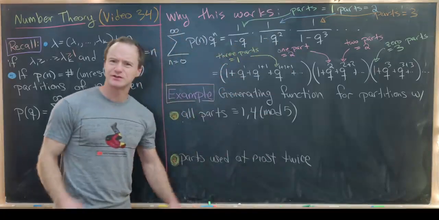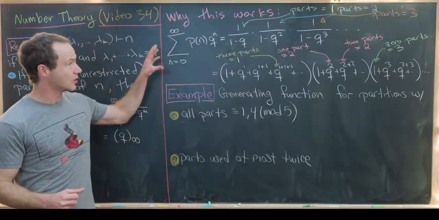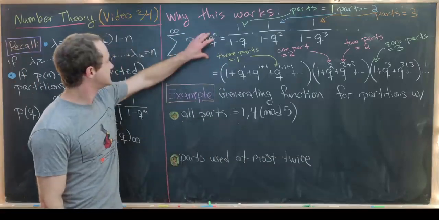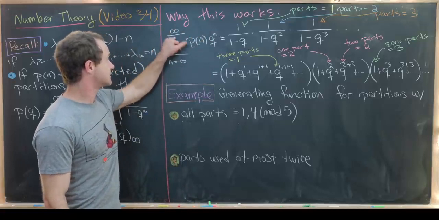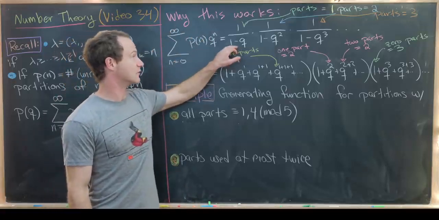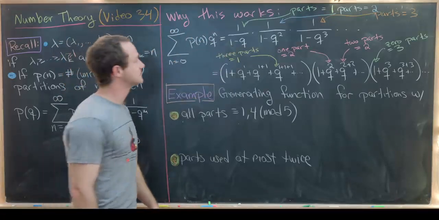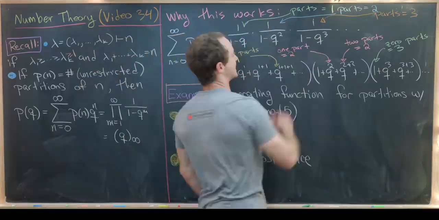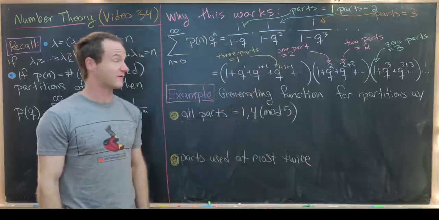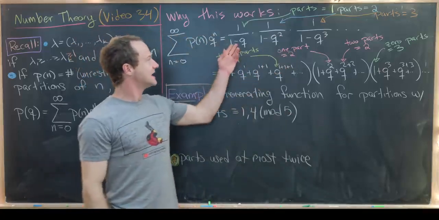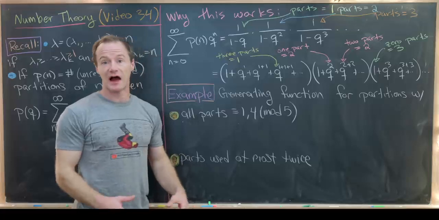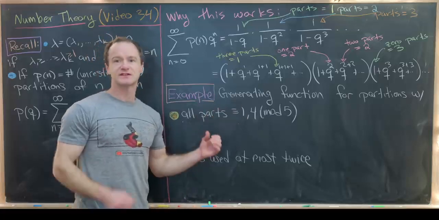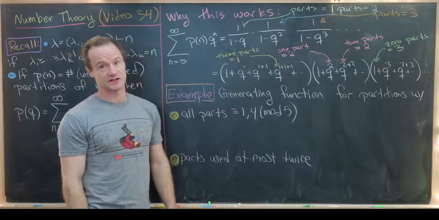Now, before we get into the main goal of the video, I want to recall why this generating function works. So if we take this sum as n goes from 0 to infinity of P of n q to the n and write it out as the product, we've got 1 over 1 minus q, 1 over 1 minus q squared, 1 over 1 minus q cubed, and so on and so forth forever, then each of these portions of our infinite product give us certain things related to the partitions.